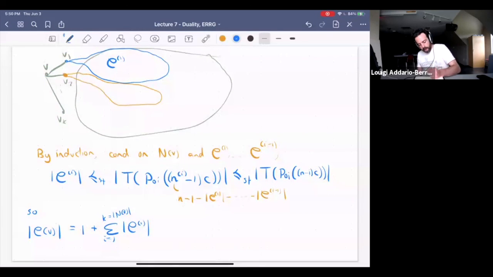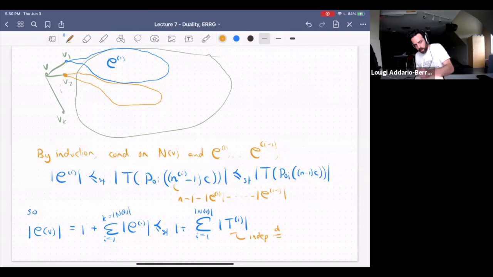And that's now stochastically at most 1 plus the sum from i equals 1 up to N_v of the size of T_i, where, because we had this stochastic bound even conditionally, we can say that on the right these are independent Poisson (n minus 1)c branching trees.